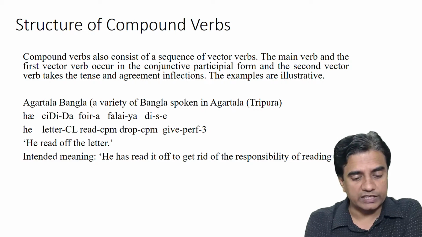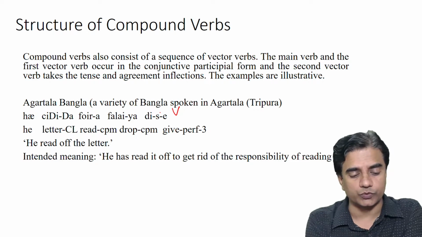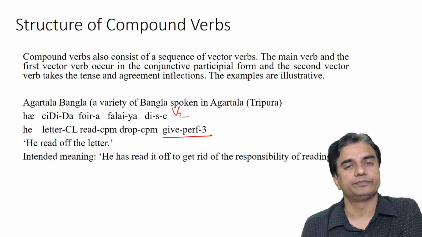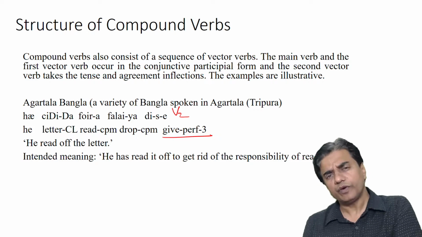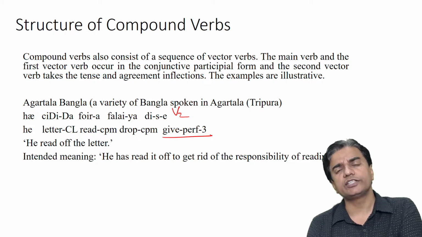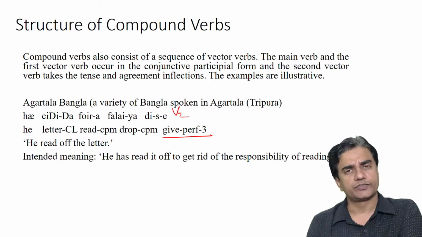However, what we still find is that the second, that is V2, is taking again the agreement markers. So this is a phenomenon which is not unique to Bangla alone. It is found in several other languages.